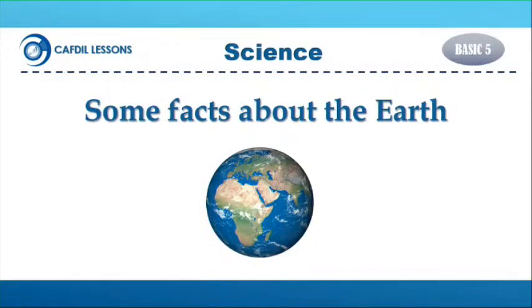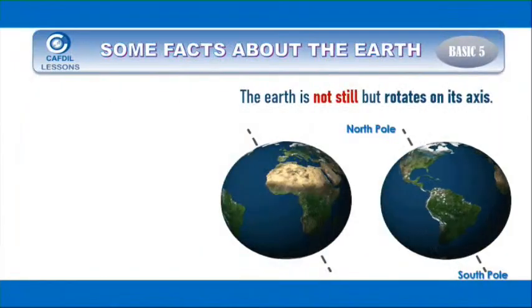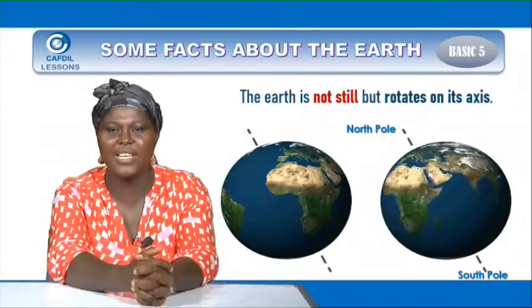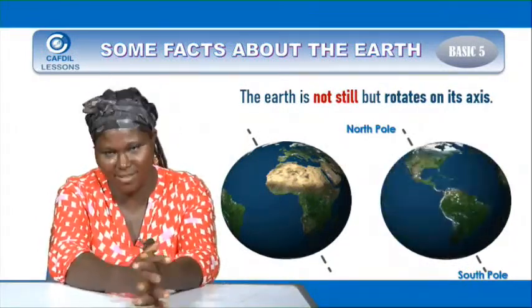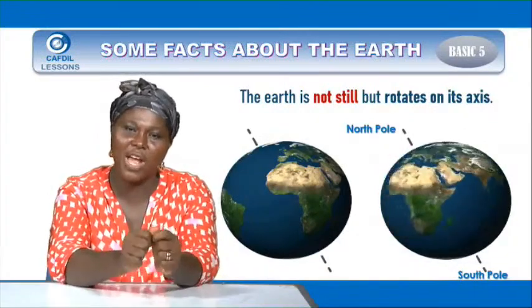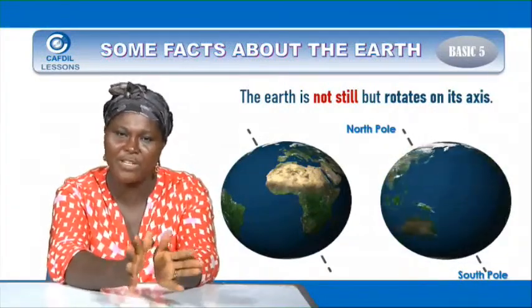Before we start day and night, let's look at some facts about the Earth. The Earth is not still, but rotates on its axis. So the Earth that we are on is moving.